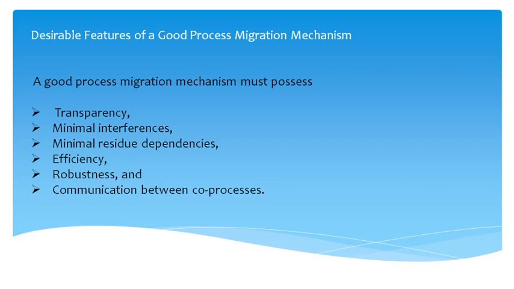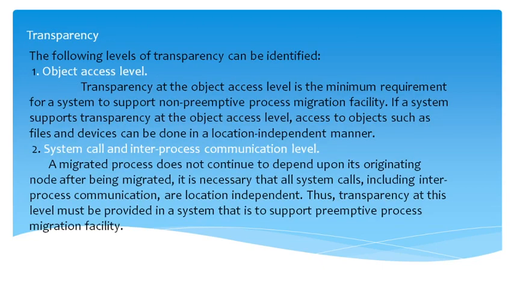We have already seen transparency in a distributed system. Here, transparency is one of the requirements of the system in order to support process migration. This process migration transparency will be of two types: object access level transparency, and system call and inter-process communication level transparency. First, transparency in object access level.